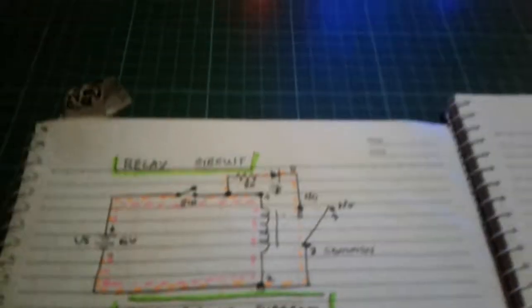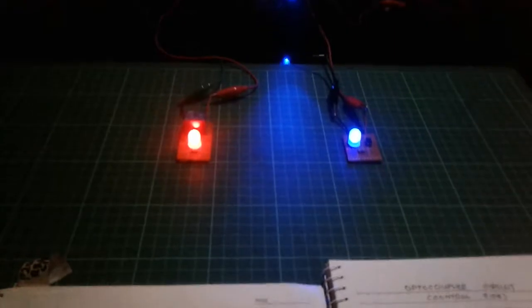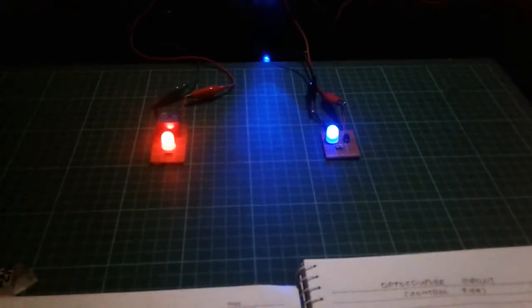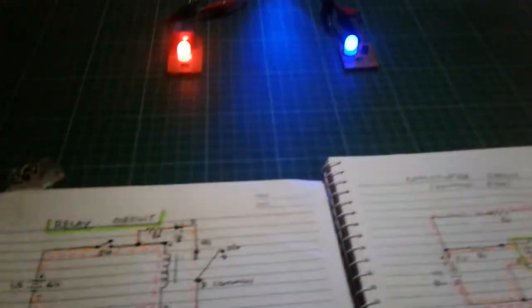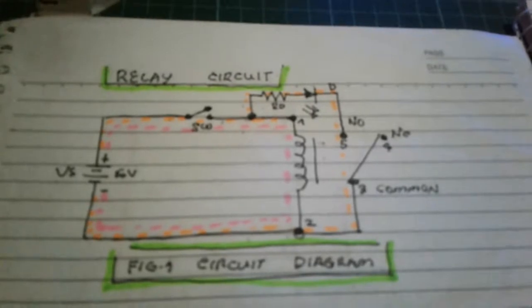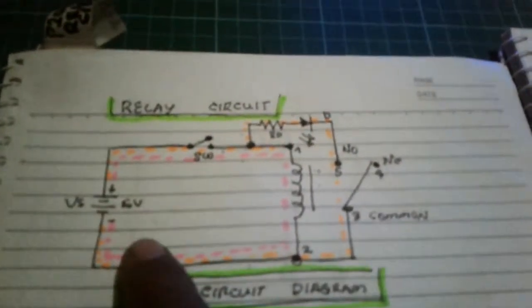So what's the use of this optocoupler and this relay circuit? These two circuits are used to isolate two circuits, so we can examine each current flow. Let us see the current flows here.